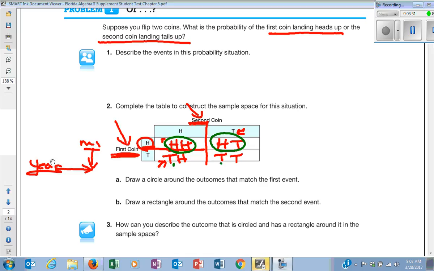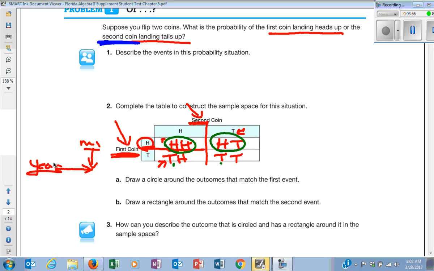Now, it says draw a rectangle around the outcome that matches the second event. What's the second event? Tails. Second coin. Attention to detail. I told you, these questions are not hard. They are tricky.